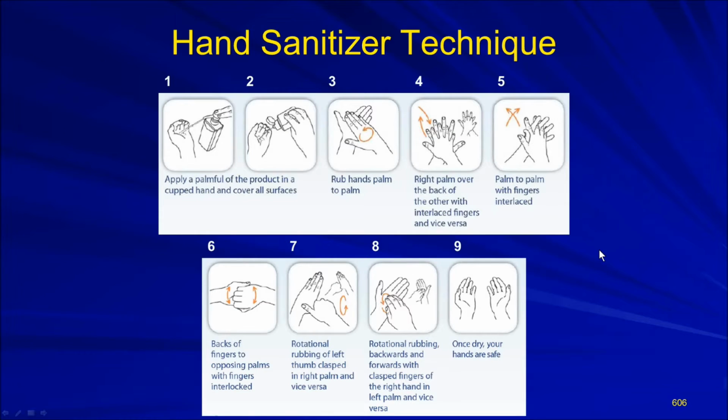So if we know that there are techniques for washing our hands properly, making sure we cover all surfaces, there should be techniques for using alcohol hand sanitizer because we want to make sure we cover all surfaces of our hands with the alcohol-based rub.